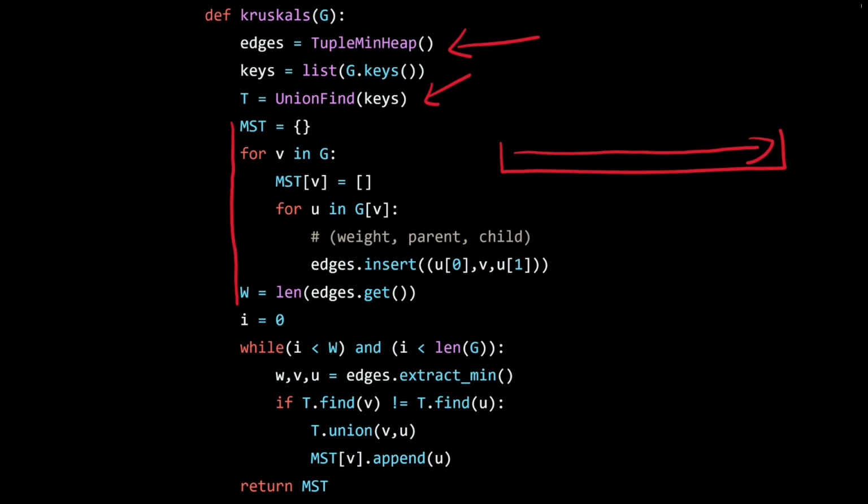Now that we have that, the main thing we're going to be looking at is this line here. We extract from the min heap, so we take out an entry, and the entry goes as follows.